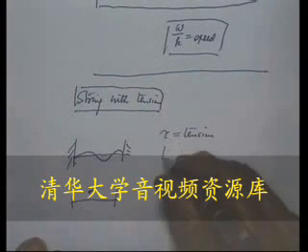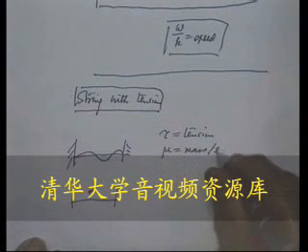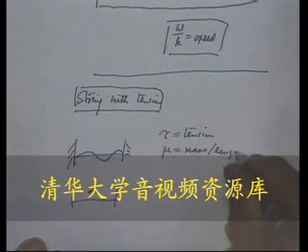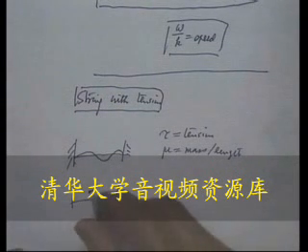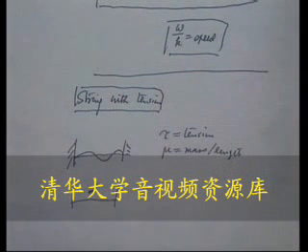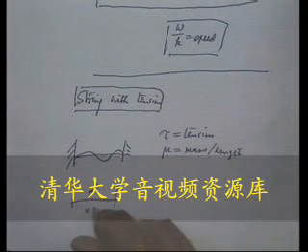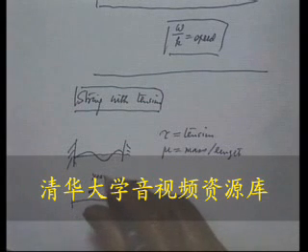The string has a mu, which is equal to mass per length. So I'm now going to look at a small segment of it, from x to x plus dx, x plus delta x.